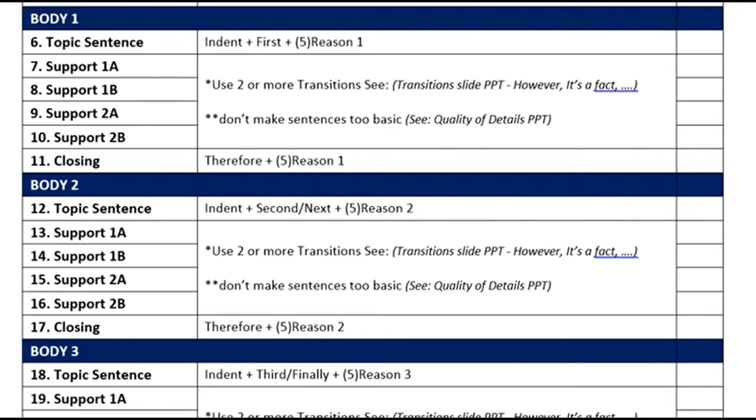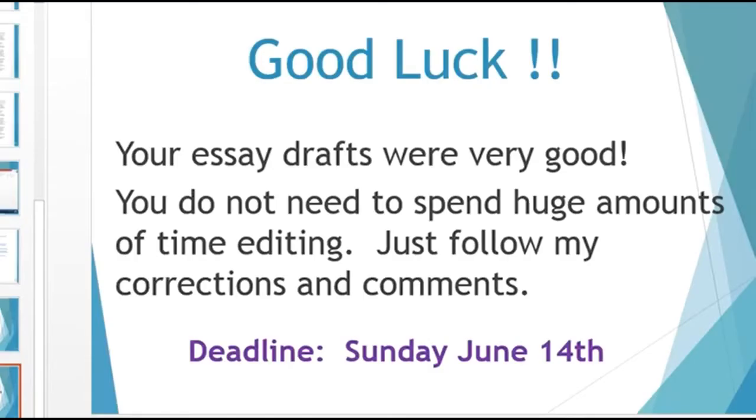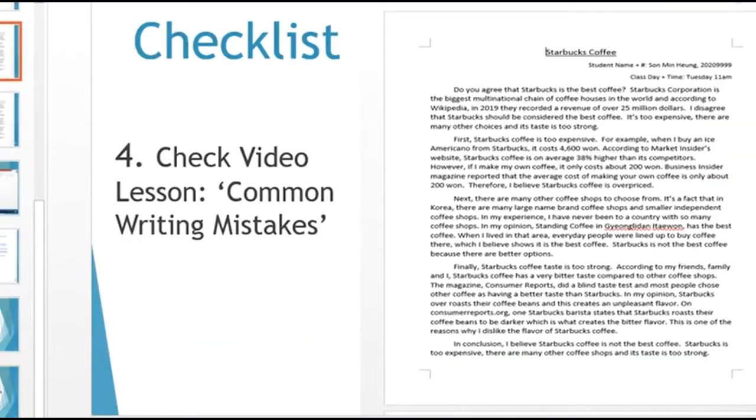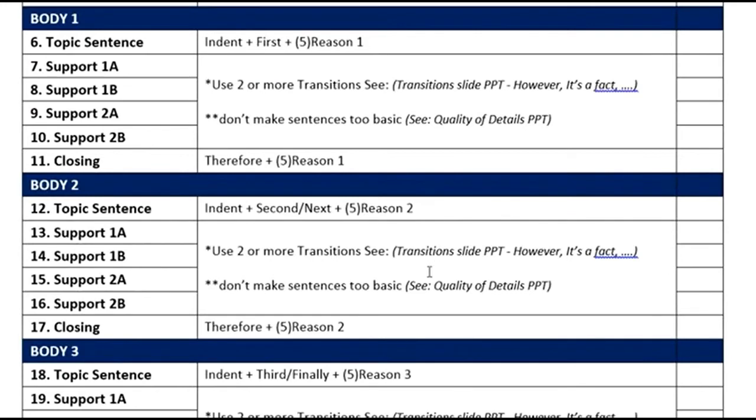And following that indent, you're going to use transition words like first. Now let me go back and read to you the Starbucks essay. So first, Starbucks coffee is too expensive. Can you see here? First, Starbucks coffee is too expensive.